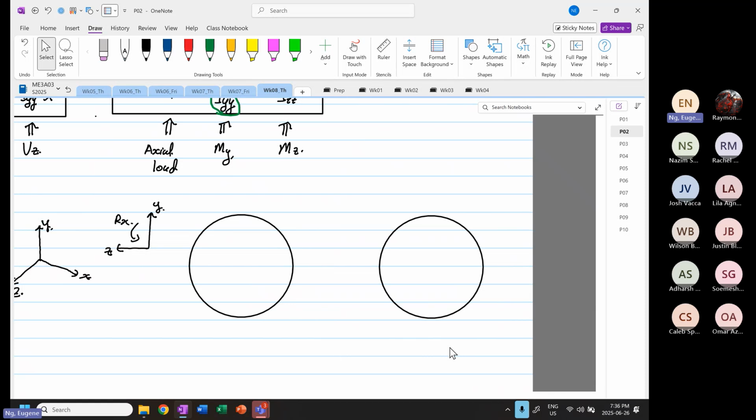Okay. So now, if we know, okay, the shear stress is equal to Tx over J, okay, multiplied by R. Okay. Now, how does this look like? Okay.